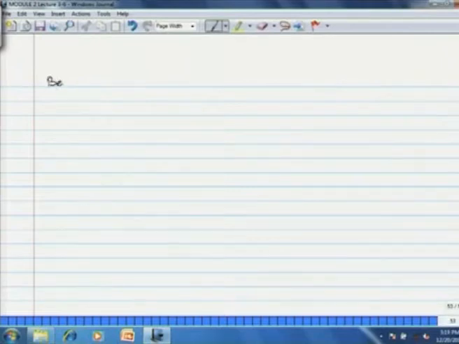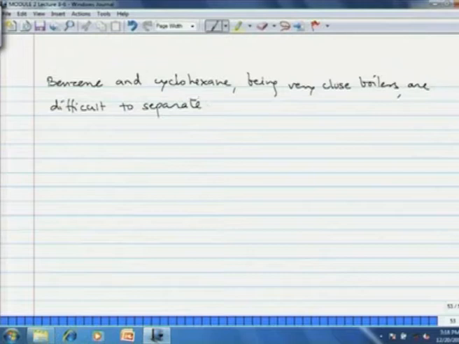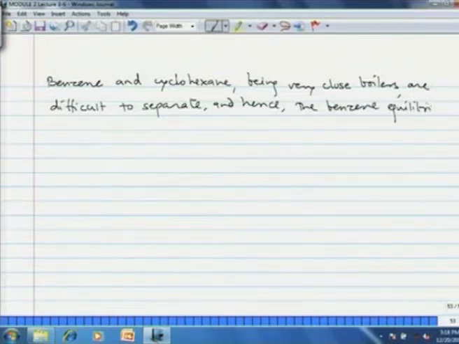Benzene and cyclohexane being very close boilers are difficult to separate, and hence the benzene equilibrium conversion is forced close to 1.